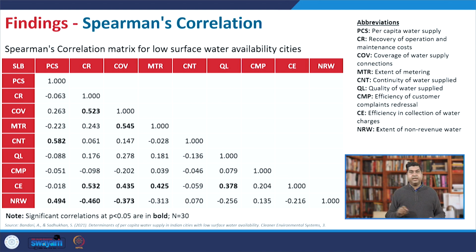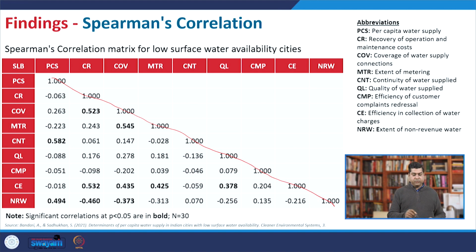This is what a correlation matrix table looks like, where you have all the variables in rows and also all the variables in columns, and try to find the correlation. If you see diagonally, it is always 1, because the correlation between PCS and PCS is 1. This is a rule that is set.